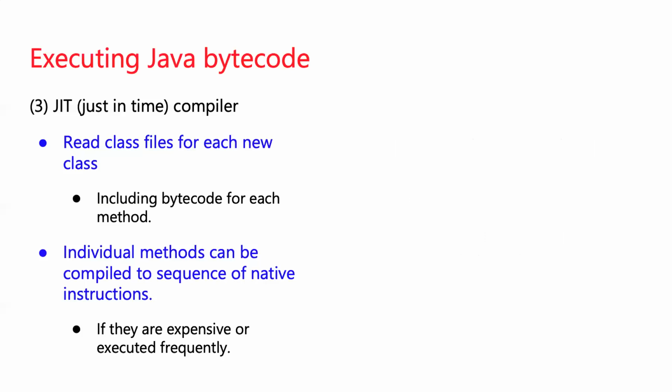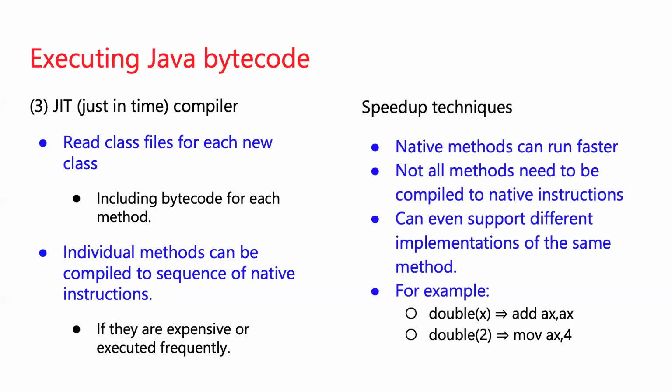It's just as you start running methods in that class file, the JVM might choose to natively compile some of those methods if it notices that they're getting used a lot. For each method that gets compiled to native instructions, it could run a lot faster. And like I said, we wouldn't even have to do this with all the methods. We could just do it with the ones that are getting called frequently. In fact, we could even compile different versions of a method based on how it's used.